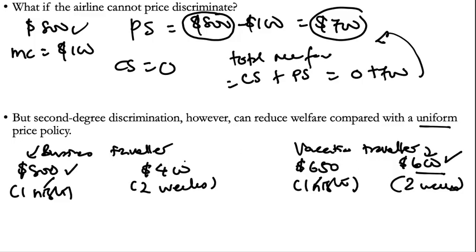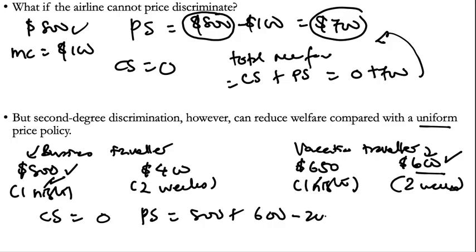So as a consequence, consumer surplus in this case is 0, isn't it? But what about producer surplus? Producer surplus in this case is 800 plus 600 minus the cost. And what's the cost? Remember, one person 100, two people 200. So here you can see the producer surplus becomes 1,200.